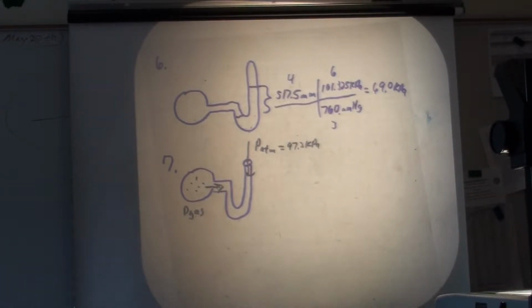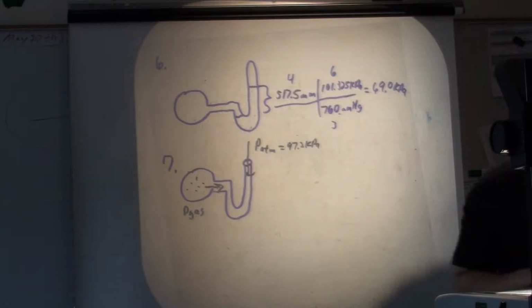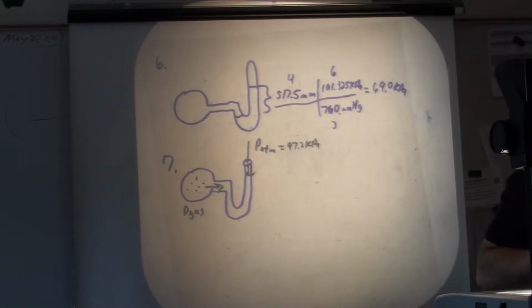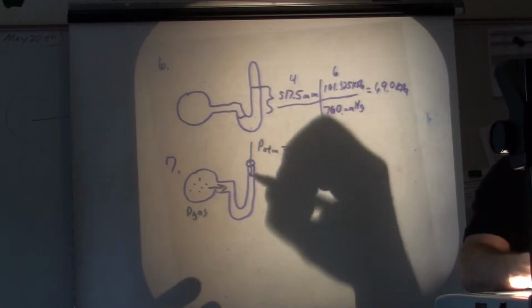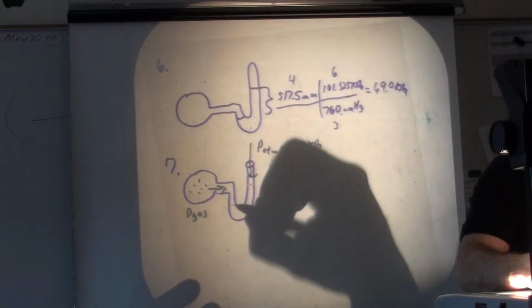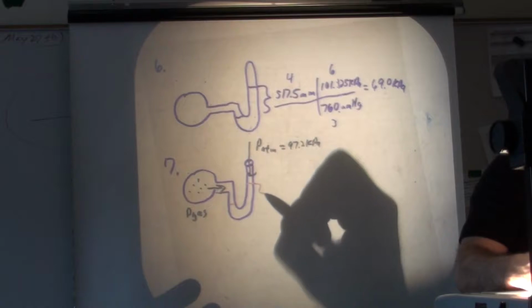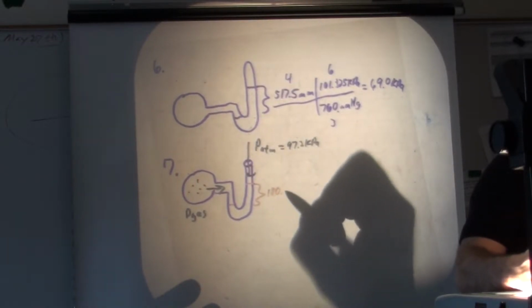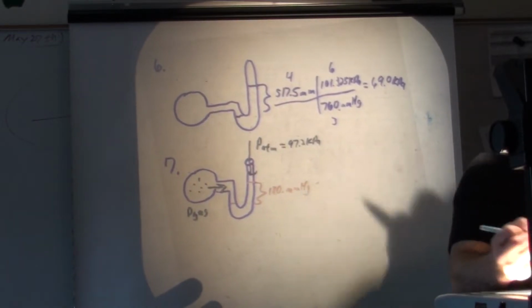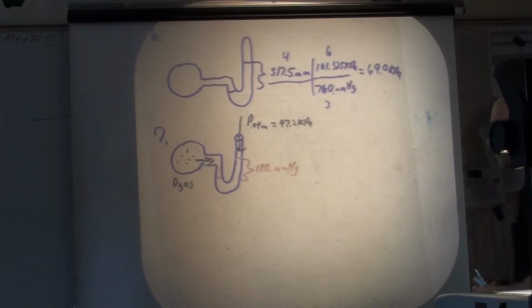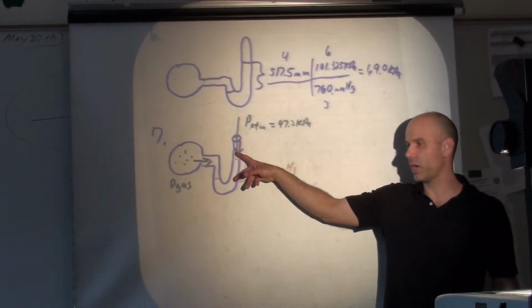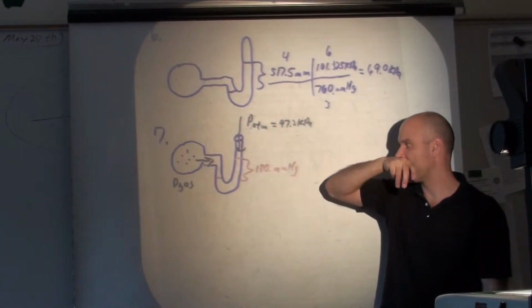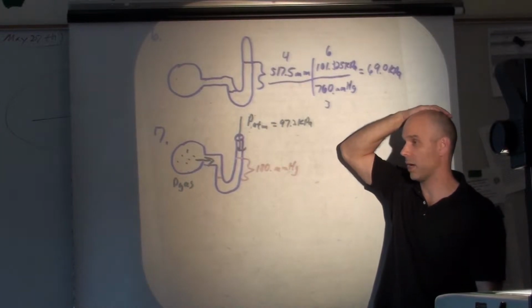Well, what are the heights of the liquid? It says that it is 180 millimeters higher in this side. So if it's 180 millimeters higher on this side, then who's stronger, Ian, the gas or the atmosphere?